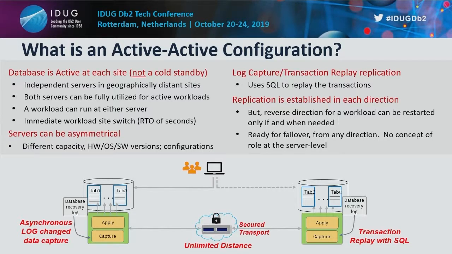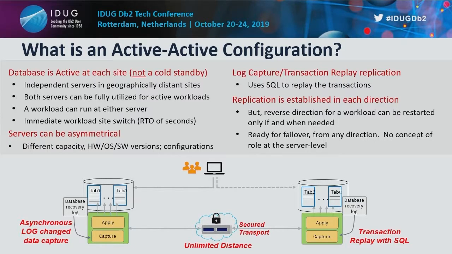Replication, typically for continuous availability or disaster recovery purposes, is set up in both directions. So if you have a disaster and you fail over to that site, a disaster is not always a hole in the ground where you lost everything. It could be a hardware failure. You restart the server and you want to resynchronize it. Most customers want to go back home after they failed over. So they resolve the issue and then they fall back.